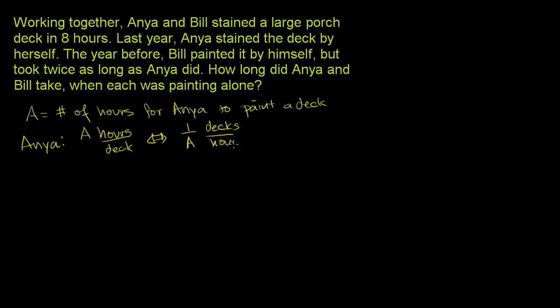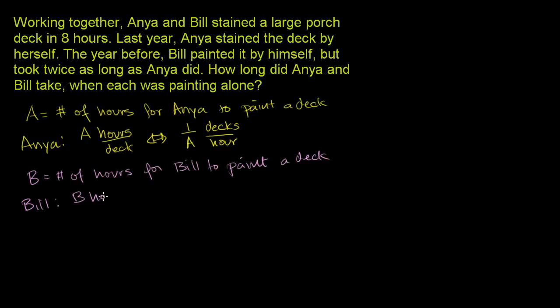per hour. Now, let's do another variable for Bill. Let's define B as the number of hours for Bill to paint a deck. So for Bill, it takes him B hours per one deck.